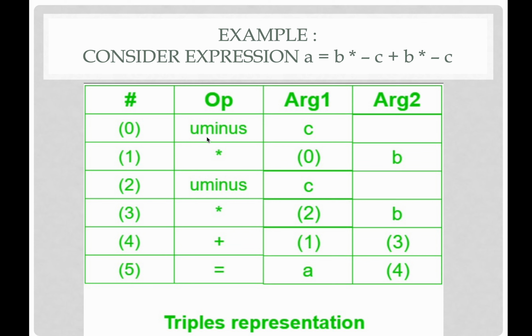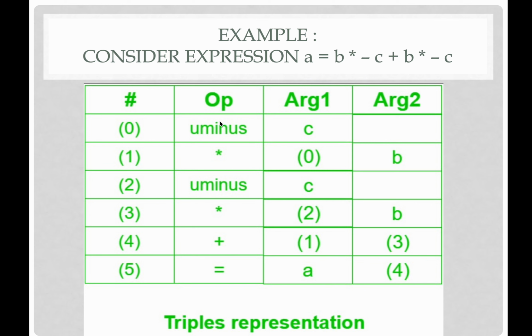For the three address code, let's see the first one. Here we are not storing any value to any temporary variables.